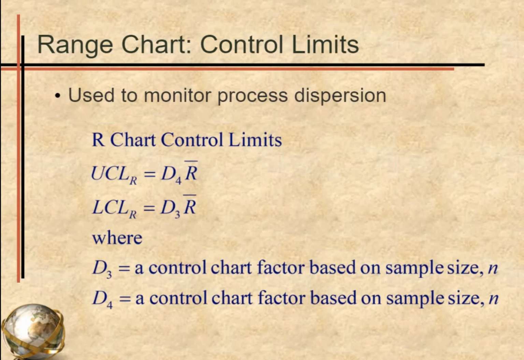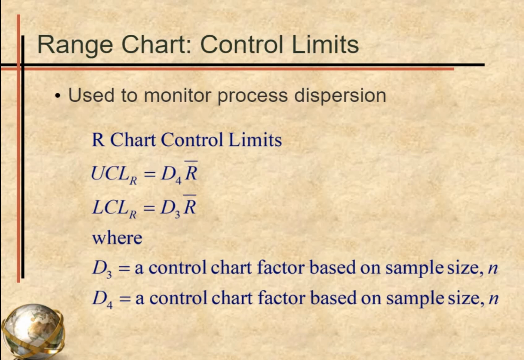So far we have learned how to use the statistical tools to calculate UCL and LCL, and then we can evaluate whether or not the sample means are under control. In other words, whether or not the averages are under control. We can also evaluate whether or not the range of samples is under control.